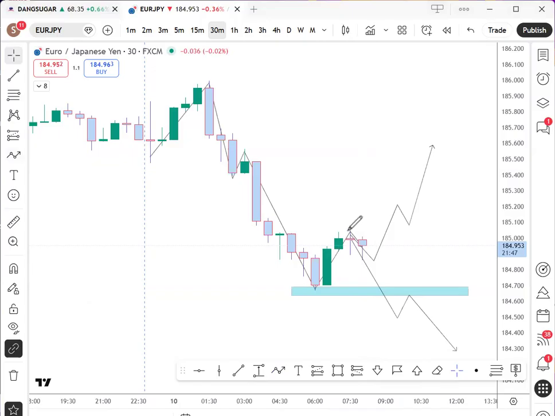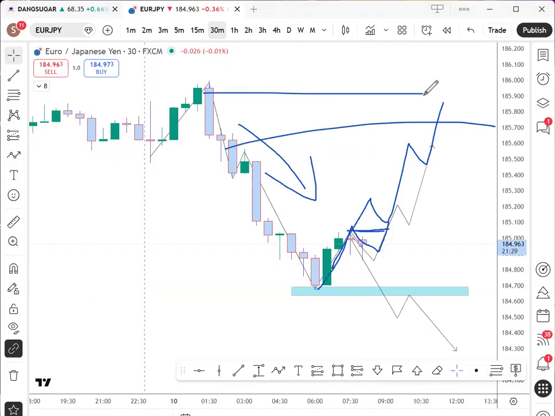Even if, for instance, price breaks this level here, you can say to yourself, okay, yes, it has broken this structure. It's done a market structure shift there, but the overall trend is still downwards. So you can say, okay, I want to see it just come up maybe to these highs, or even to these highs. Then I'll look for that bearishness for me to go back down with it.